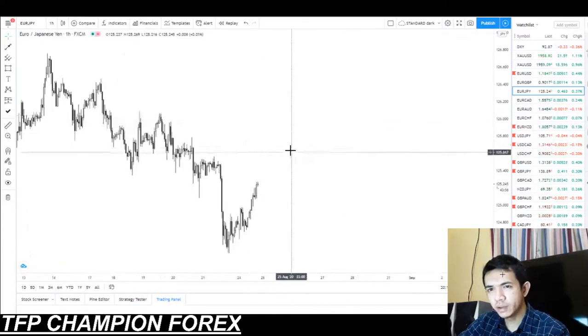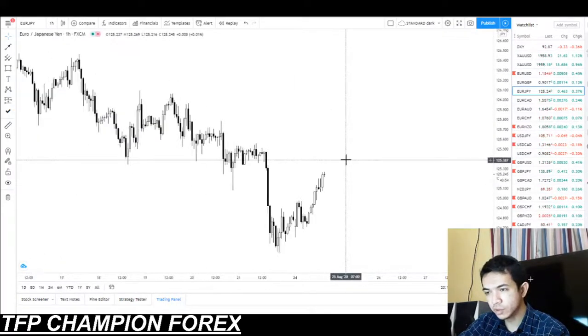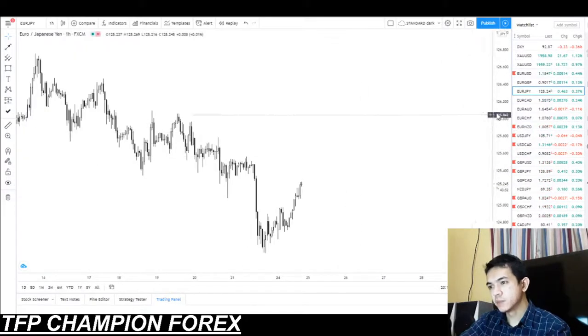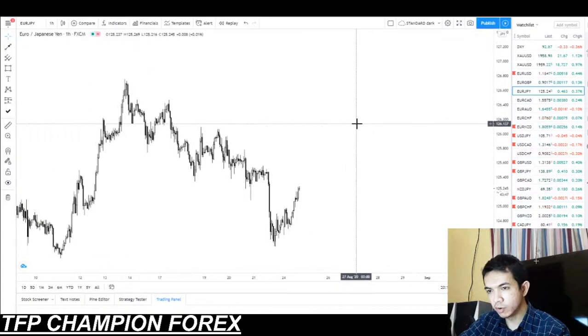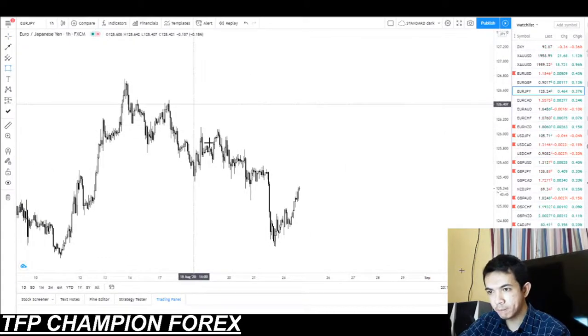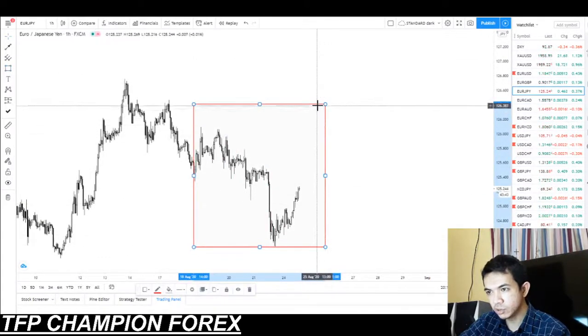So I am now at Euro Yen. If I apply again my basic trading checklist, we can see that the overall market trend at this point is a downtrend. Why?